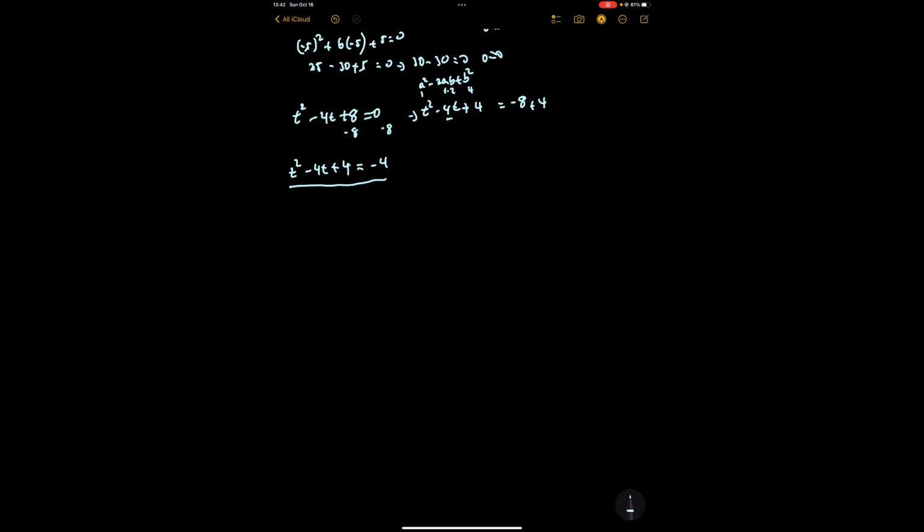Let's see. So now they're asking us to actually solve by factoring, and if you are unable to solve by factoring, then do the completing the square. Let's try u squared minus u minus 7 equal to 0.